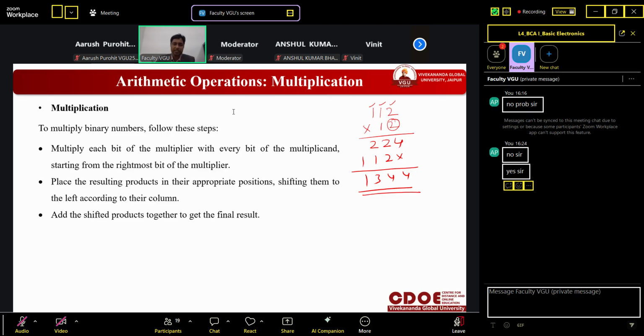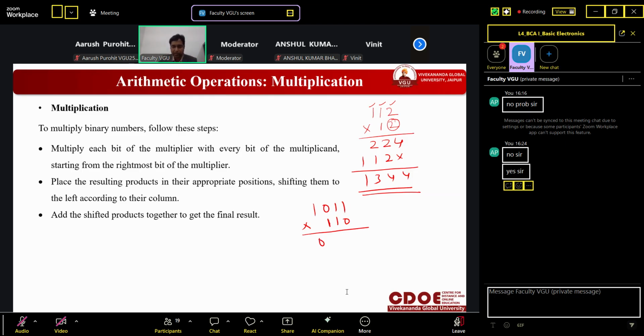But in this case, because it is binary multiplication, in place of 2, 3, 4, 5, any number, it will be 1 or 0. So we can multiply like this. If we multiply by 0, all numbers will become 0.